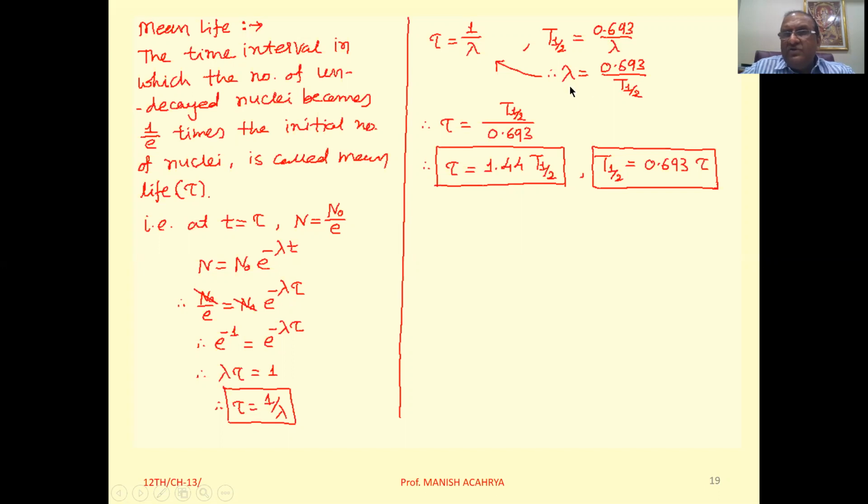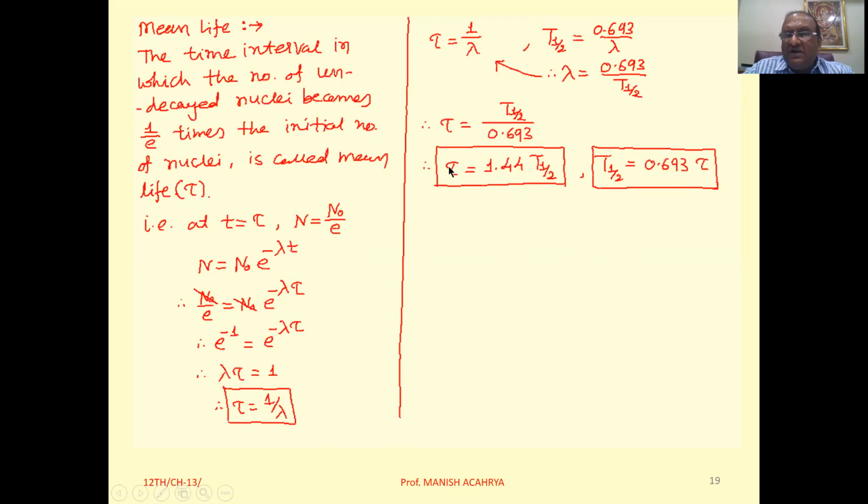Now when tau is 1 upon lambda and half-life t1 by 2 is 0.693 upon lambda, we can write lambda as 0.693 upon t1 by 2. Substitute this particular value of lambda here. So we can write tau equal to t1 by 2 upon 0.693. 1 upon 0.693 will be 1.44.